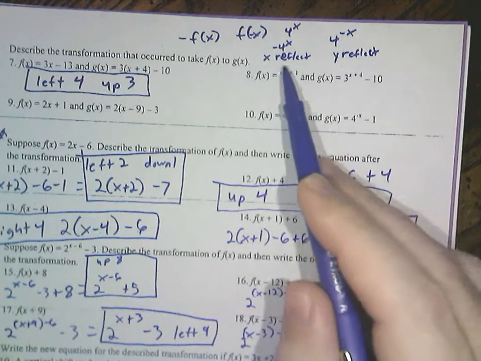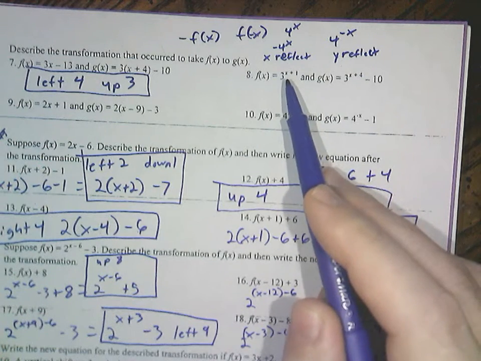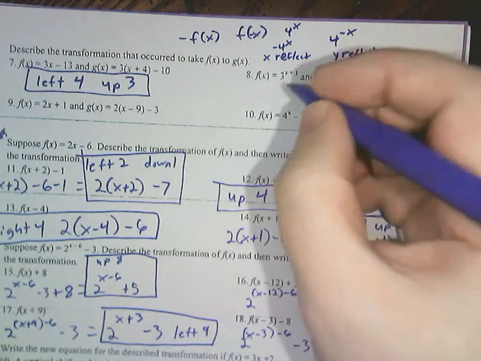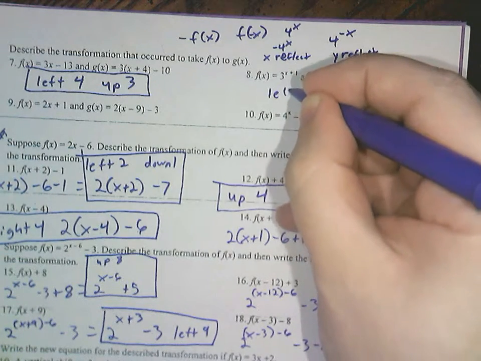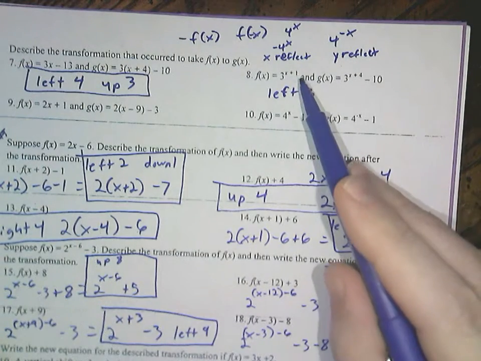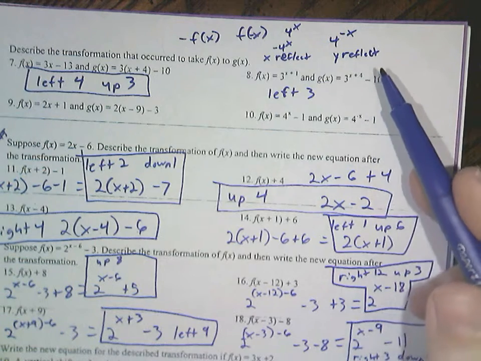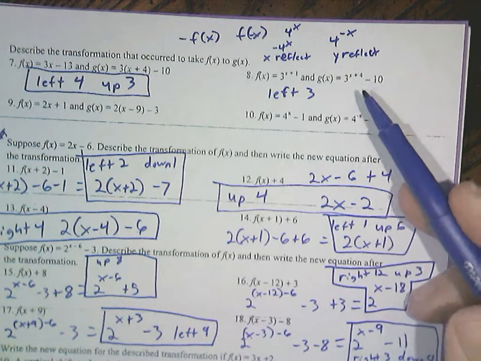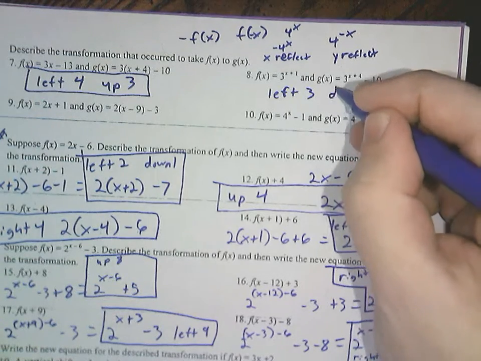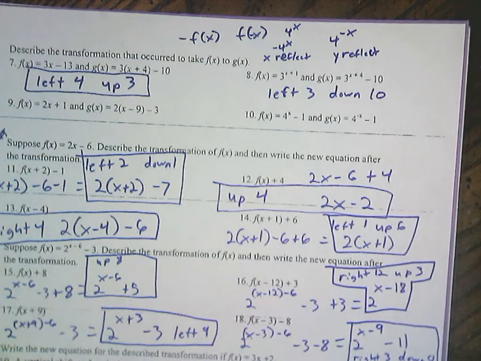And when you add to the input, to the x, that means you are going to the left. So this one went left 3. Okay, and then there was nothing after the exponent before. Now there's a minus 10, so that means they subtracted 10 outside the parenthesis, which means it was a vertical subtract. You go down that many, so down 10.